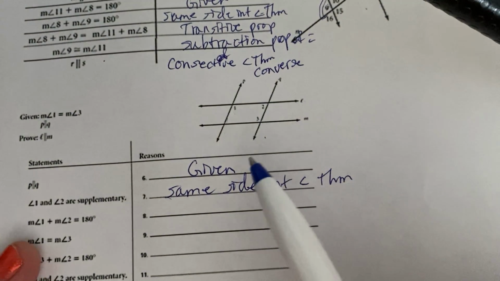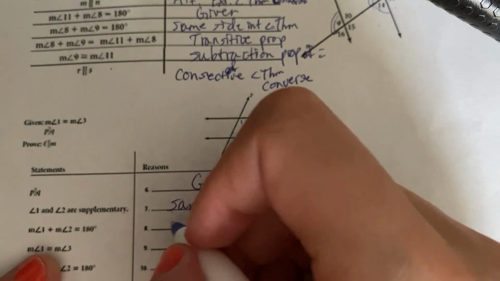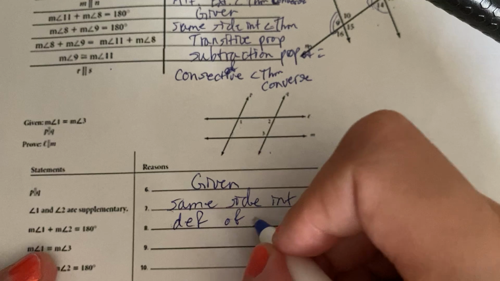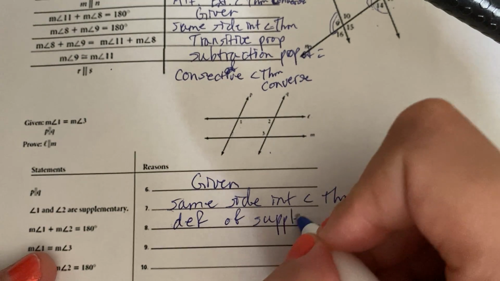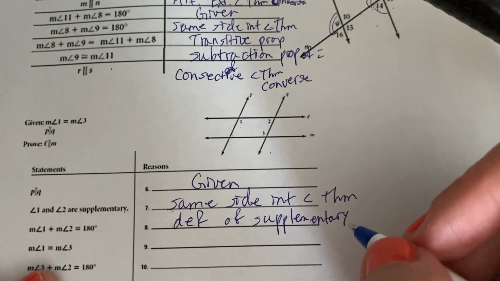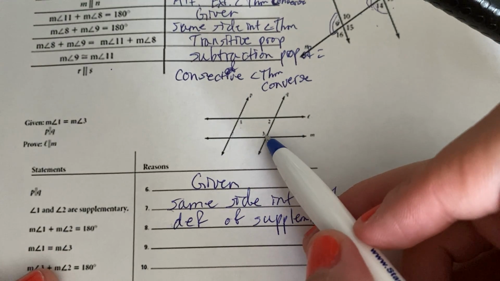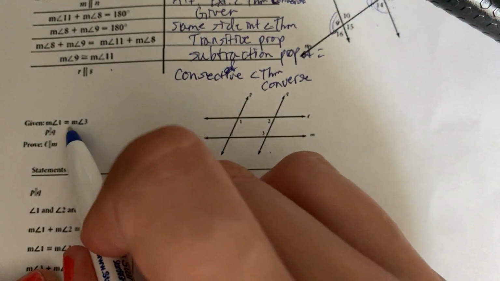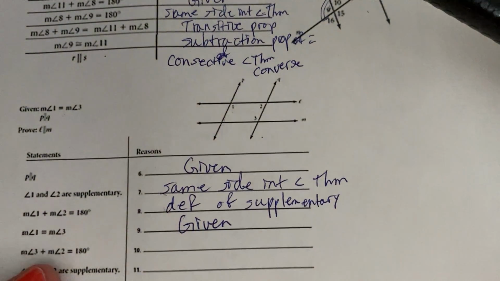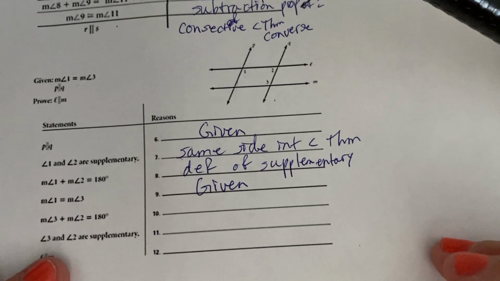All right, and then I know 1 and 2, by definition of supplementary, are equal to 180. Then I know angle 1 and angle 3 are congruent because it's given. So just be careful if you feel like they're pulling something out of thin air. It's probably because it's also given.